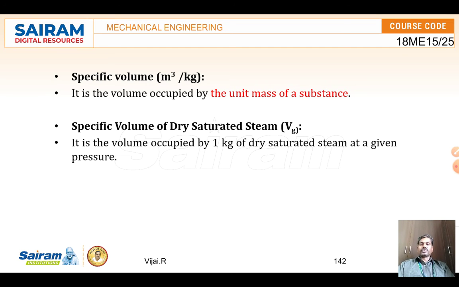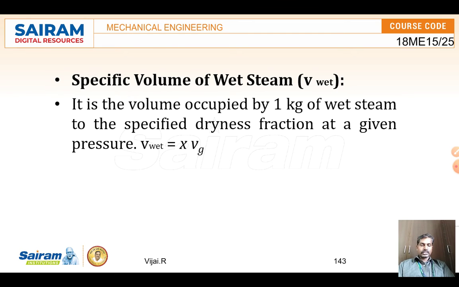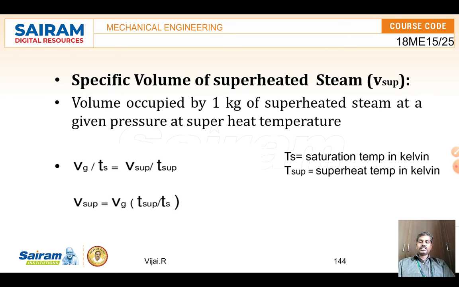If you take dry steam, we say specific volume of dry steam. Superheated steam is V super. Here Vg is the specific volume of dry saturated steam, and the specific volume of wet steam, V wet, is x into Vg, that is, the dryness fraction multiplied with the specific volume of the dry steam. So we call it V wet.